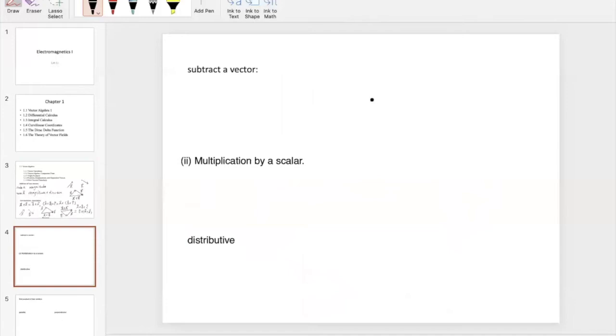Now let's see a little bit about subtraction. So now if you subtract a vector, what should we do? First, let's see if you have vector A and you have vector B. How to do A subtracted by B? First, subtracting a vector is the same as addition.